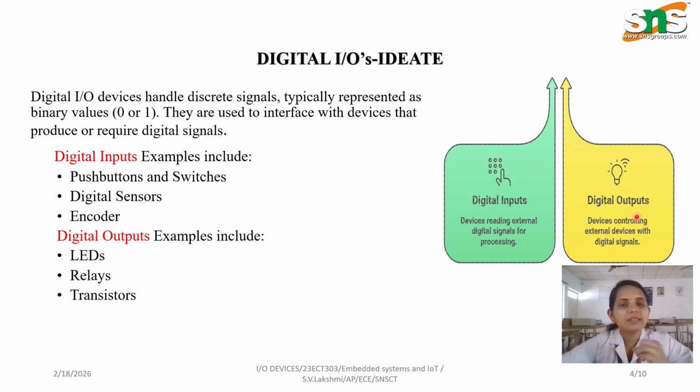Digital devices handle only discrete signals, which we represent as zeros and ones in binary values, and they are used to interface devices which produce digital signals. Examples are push buttons and switches, digital sensors, encoders, etc. For digital outputs we have LEDs, relays, transistors, etc. These are the digital input and output devices.